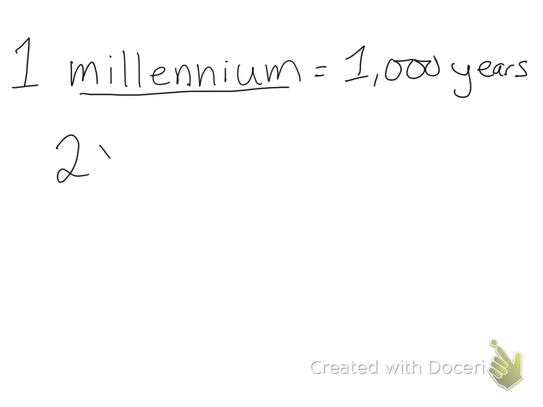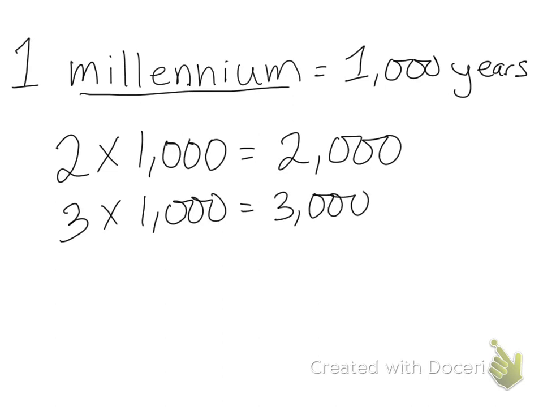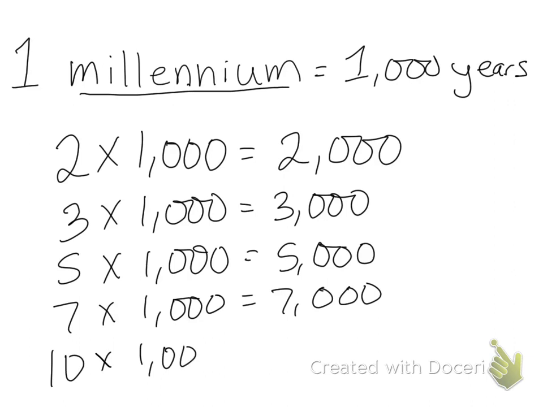So 2 groups of 1,000 equals 2,000. 3 groups of 1,000 equals 3,000. 5 groups of 1,000 equals 5,000. 7 groups of 1,000 equals 7,000. And 10 groups of 1,000 equals 10,000.